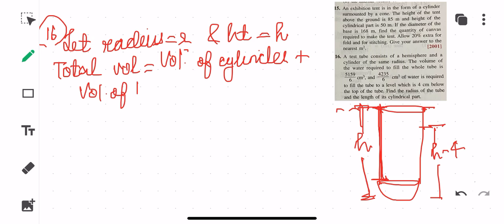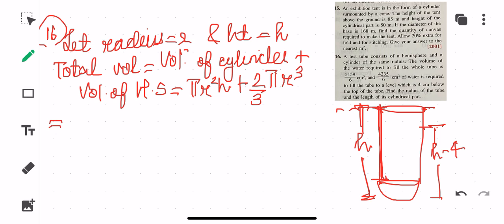So what is the volume of the cylinder equal to, children? Volume of cylinder is given by pi r square h. And the volume of the hemisphere is 2/3 pi r cube. So what can we take common here? This is equal to pi r square into h plus 2 by 3 r.